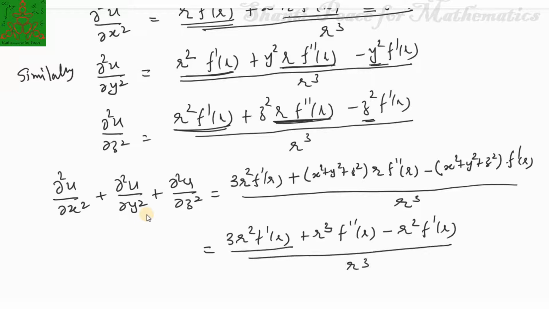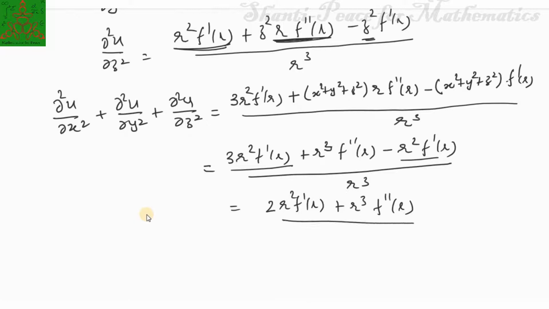You note that these two quantities are same, so that's why it is 2r square f dash of r plus r cube f double dash of r upon r cube. So that is equal to 2 by r f dash of r plus f double dash of r. So that completes the solution for the second example also.